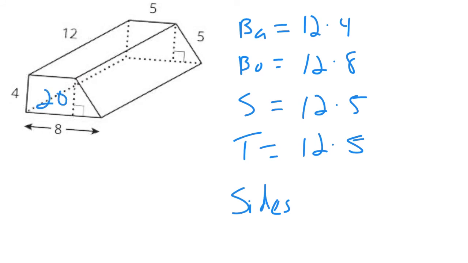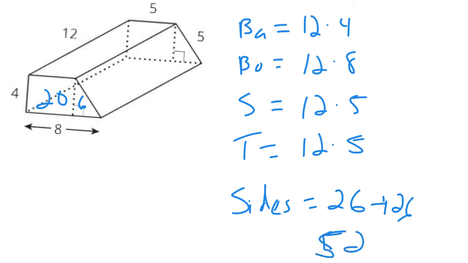And we know that this section here is 4 by 3 because it's 4 high, but then 3 across because we had the 5 here. So 4 times 3 is 12, but since it's a triangle, we would cut in half, and you'd end up with 6. So the sides would be 6 plus 20, or 26, and then 26 together for a total of 52.